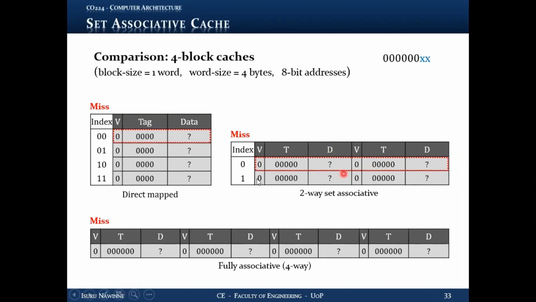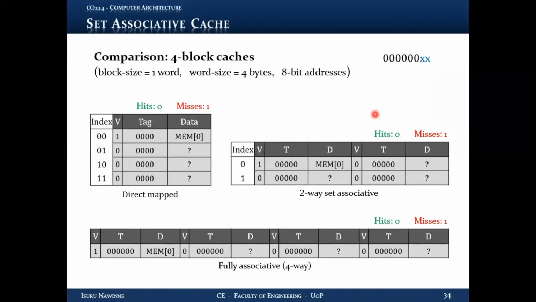Okay, so right, so we had 3 cold misses so far. No, actually one cold miss for each of these different cache implementations, right? We only had one access, right? So this is the status. After that miss, what happened was we brought the piece of missing data from the memory, right?